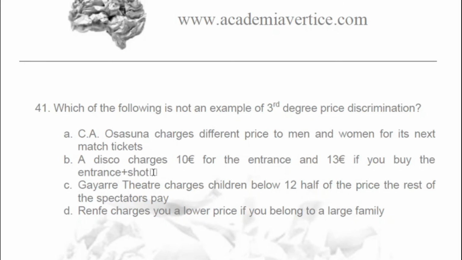Be careful, this is not a third-degree price discrimination. Okay, you may choose this or this. When you are a man, you can't choose the entrance of a woman. Okay, this is second degree. This is like bundling.